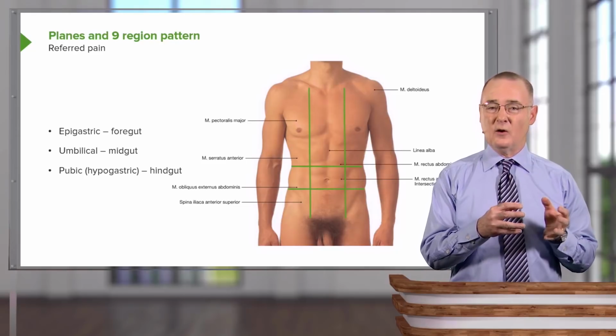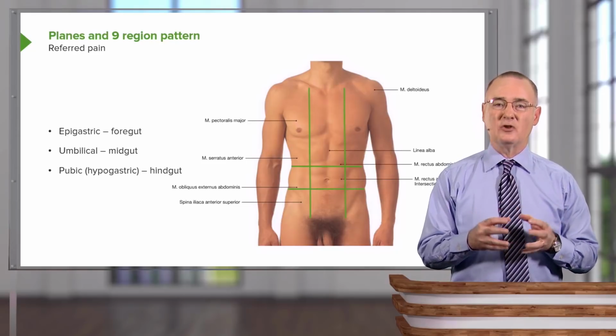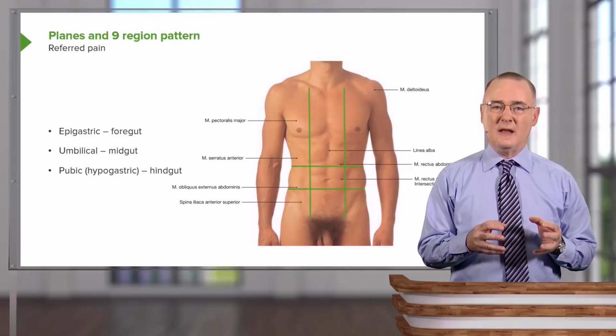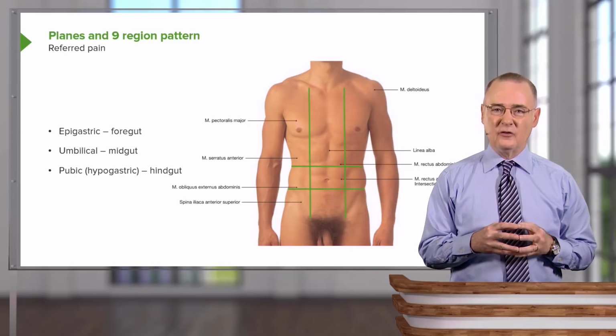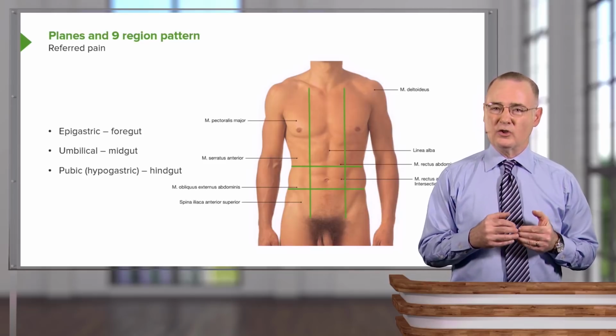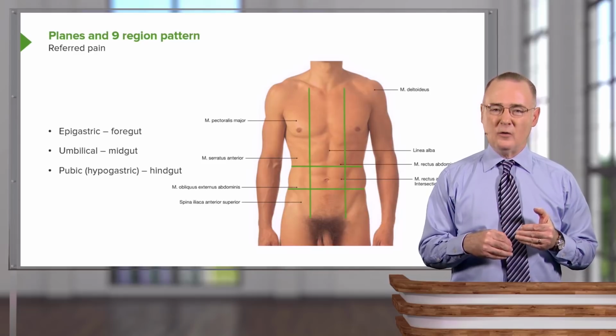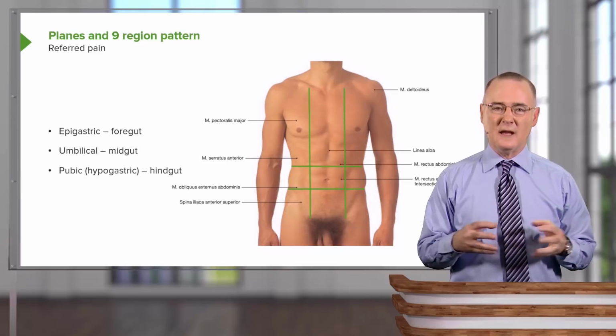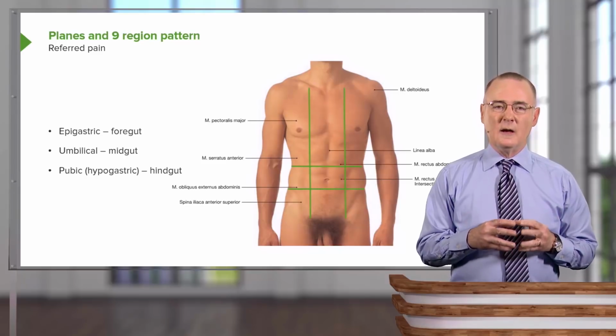appendix, ascending colon, and about the proximal half of your transverse colon. And then the hindgut would give rise to the distal portion of your transverse colon, descending colon, sigmoid colon, rectum, and a portion of the anal canal.